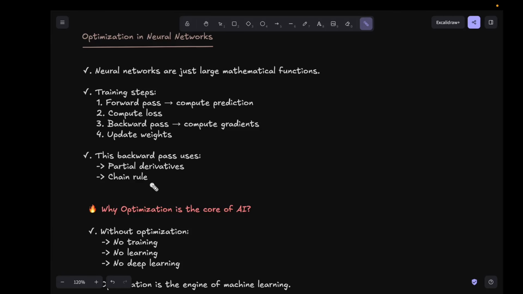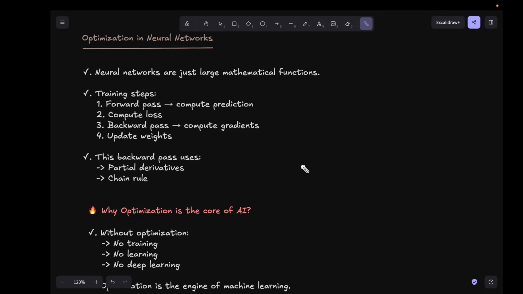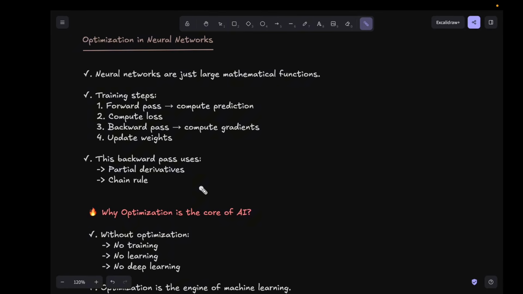So that's how the chain rule works in the model, and that's how calculus works in neural networks, and that's how optimization works. By chain rule and partial derivatives, we optimize the model.